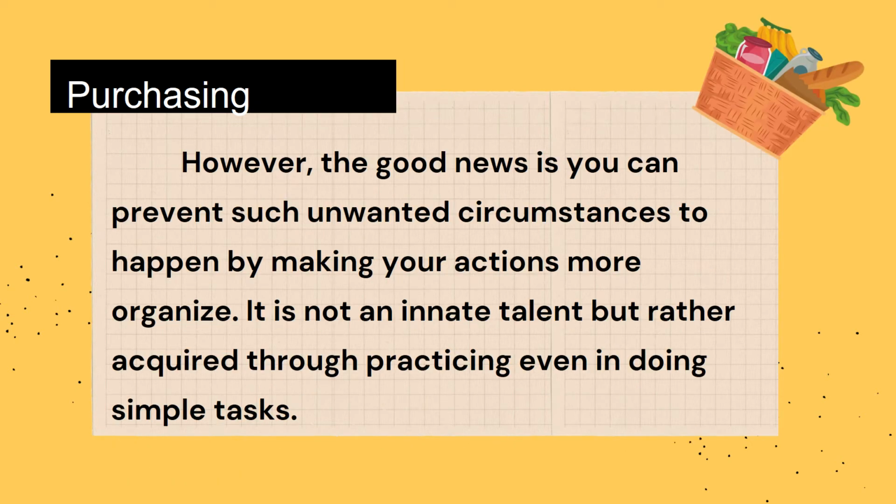However, the good news is we can prevent such unwanted circumstances to happen by making your actions more organized. It is not an innate talent but rather acquired through practicing even in doing simple tasks.